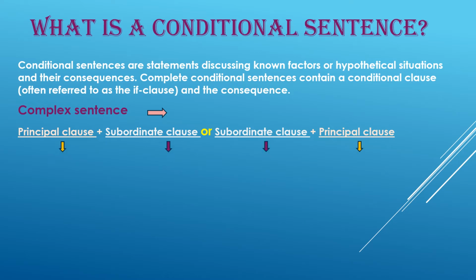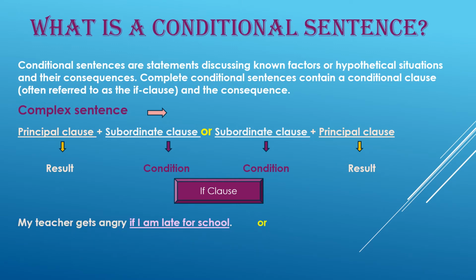Subordinate clauses are also known as dependent clauses because these clauses are not complete in their meaning. In conditional sentences, subordinate clauses are the condition on which the result depends. So, in this type of sentence, these clauses are known as the if clause.